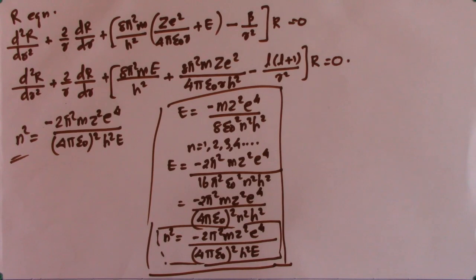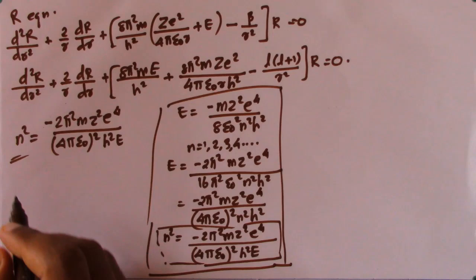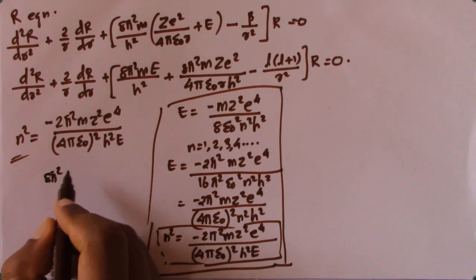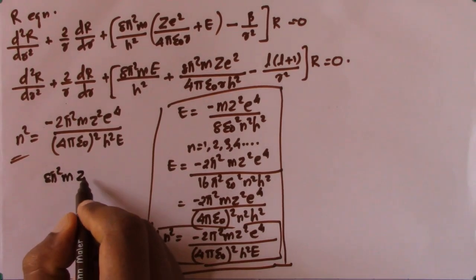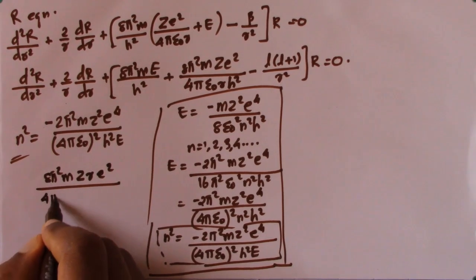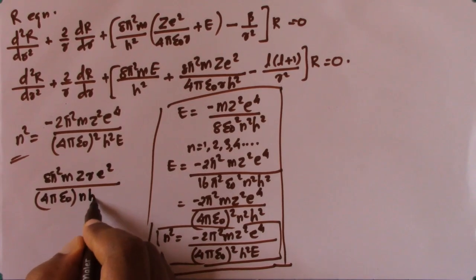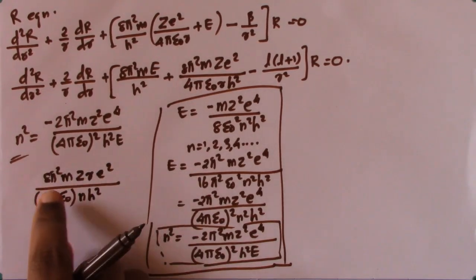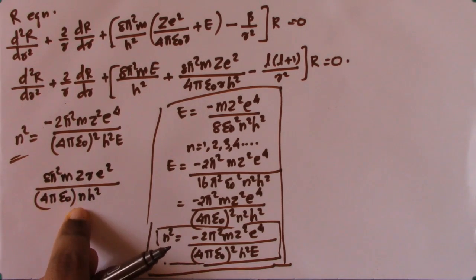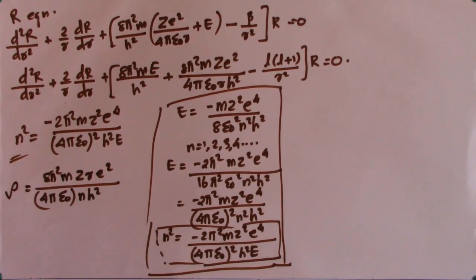And the next important substitution is that whenever I see the set of parameters like 8 pi square m z r e square divided by 4 pi epsilon 0 n h square, whenever I see this set of parameters, I will call this rho.